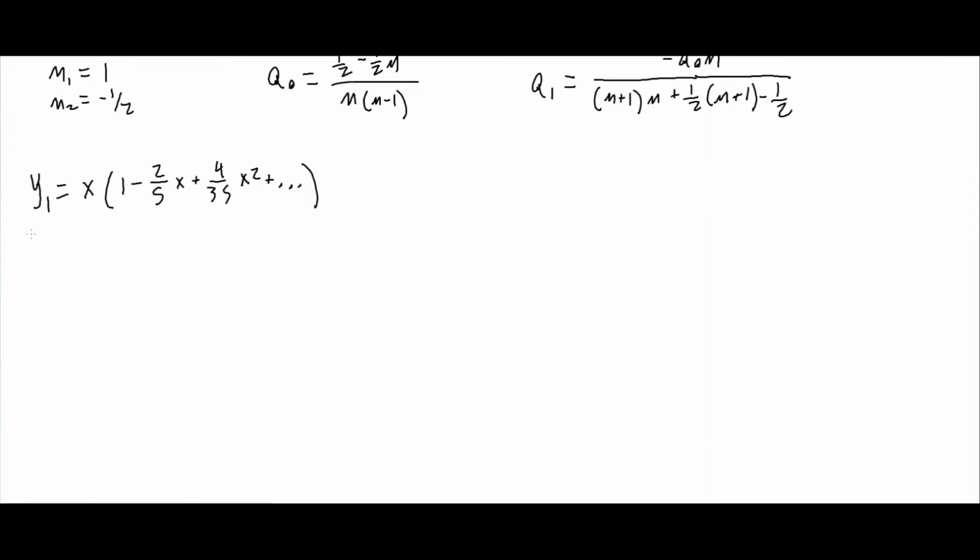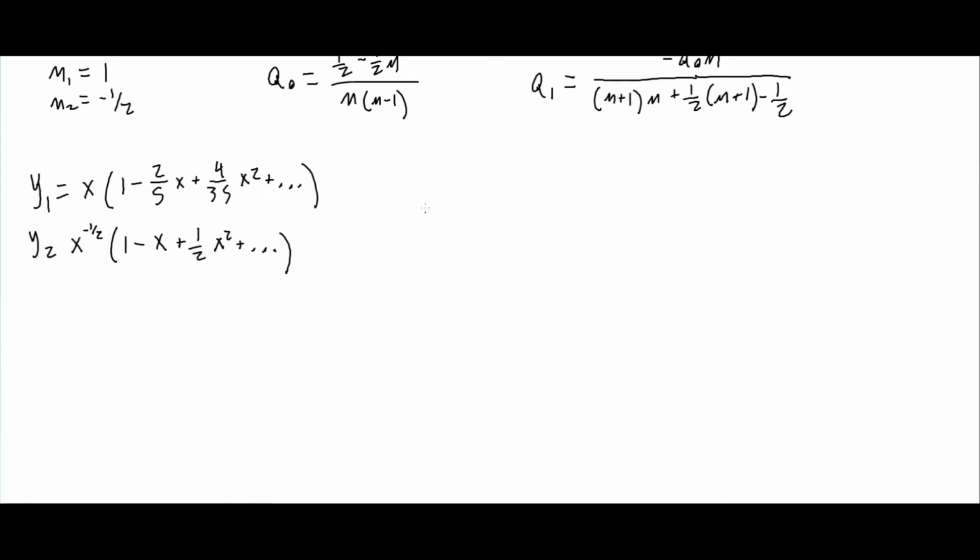And we end up with y2. Solving all of this for m equals minus 1/2, we end up with x to the minus 1/2, and that is multiplied by 1 minus x plus 1/2 x squared, plus going off to infinity.